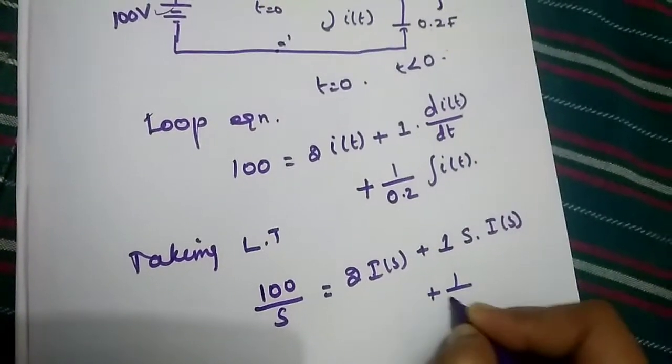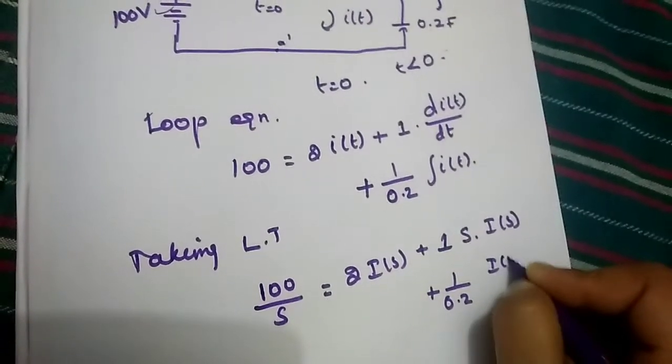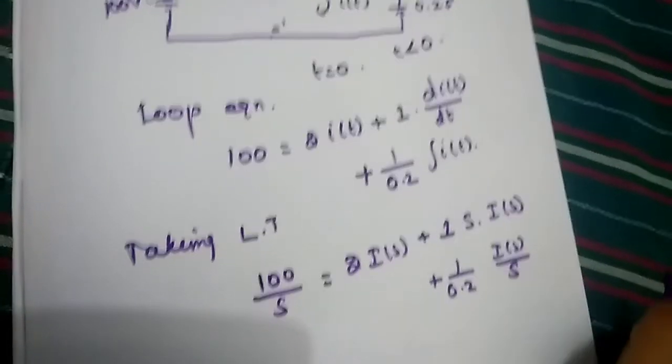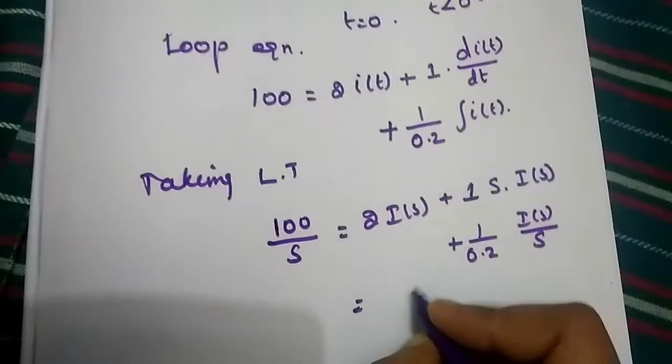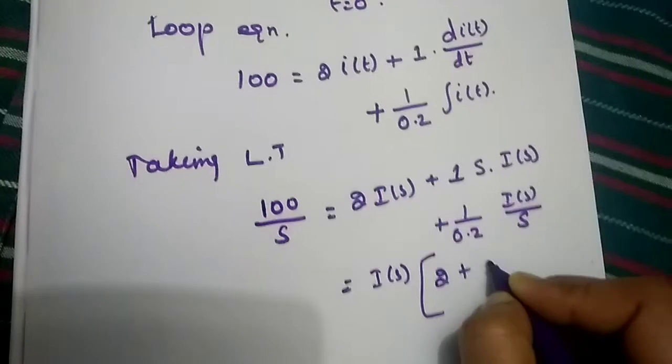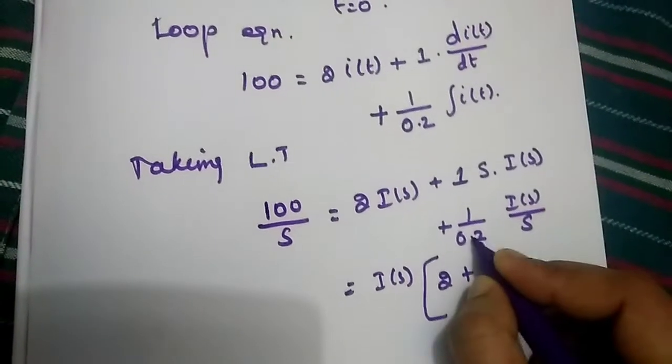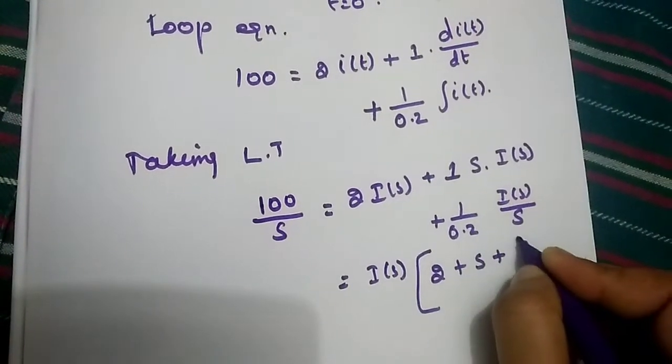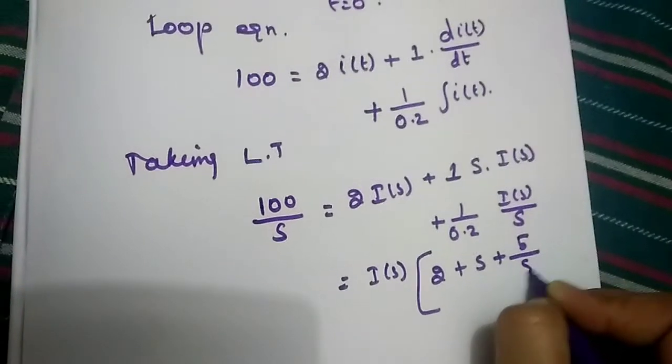Similarly, the integration becomes I(s) divided by s. Taking I(s) outside, we get 2 plus s plus 1 by 0.2, which becomes 5 divided by s.